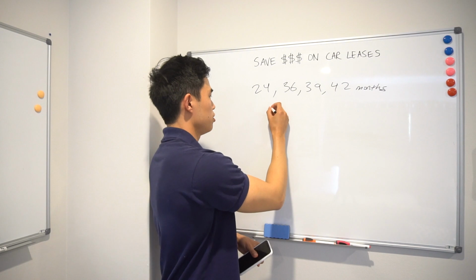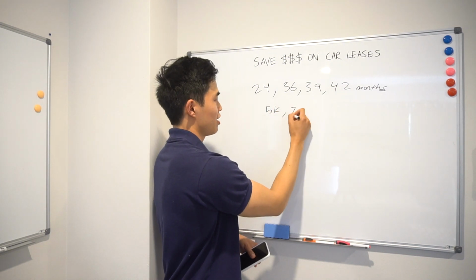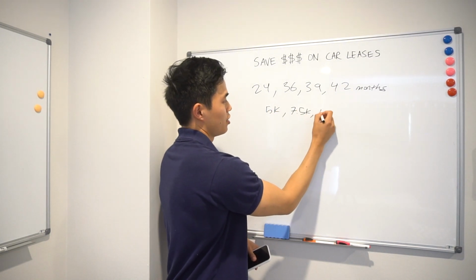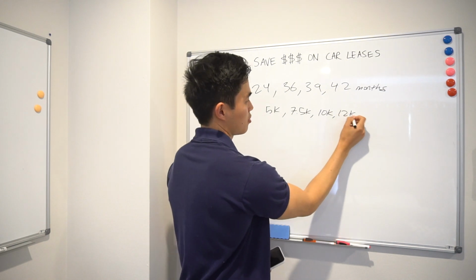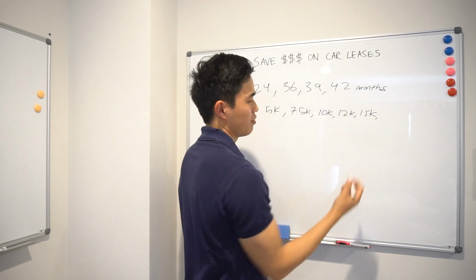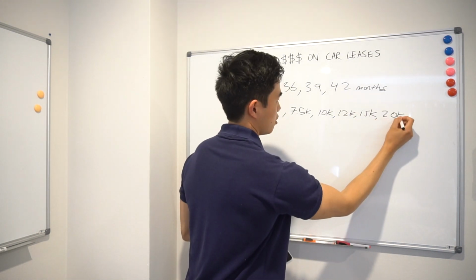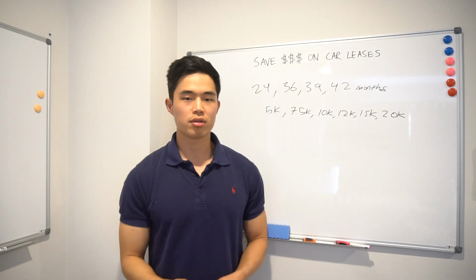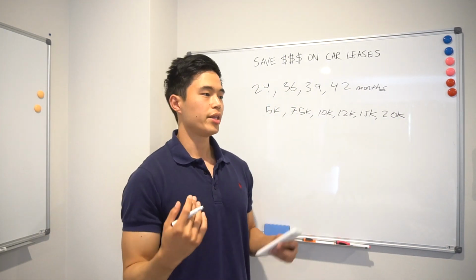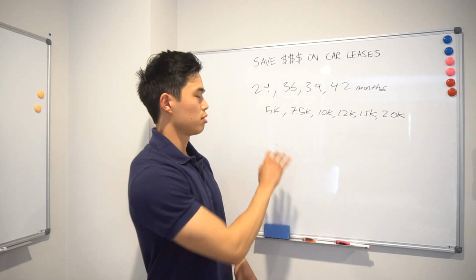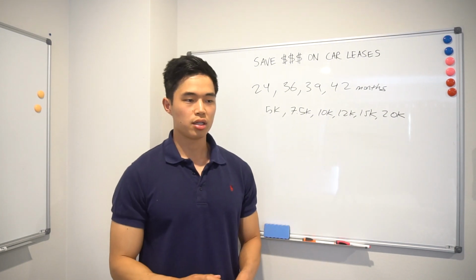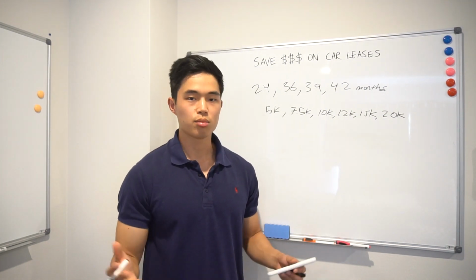That can range from 5K miles per year to 7.5K, 10K, 12K, 15K, and I've even seen some 20K mile leases. The less you drive, the less you're going to need, because that affects your residual value. The more miles you put on the car, the lower your residual and the more expensive the lease.